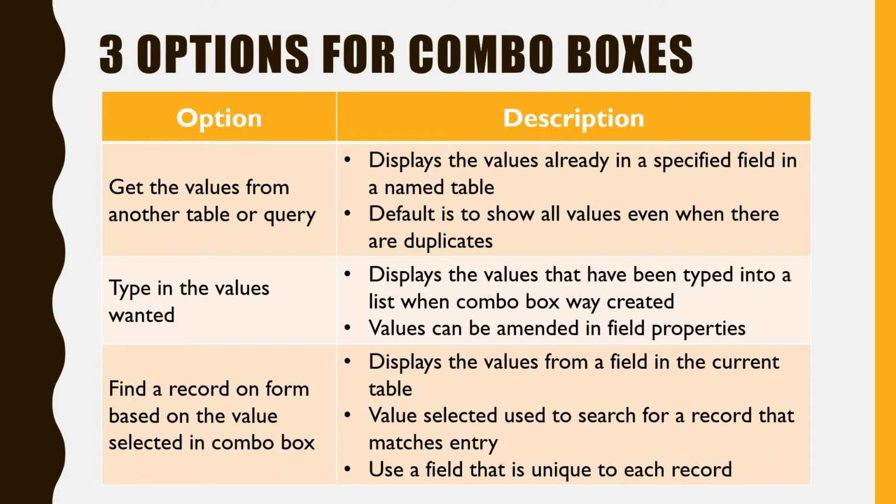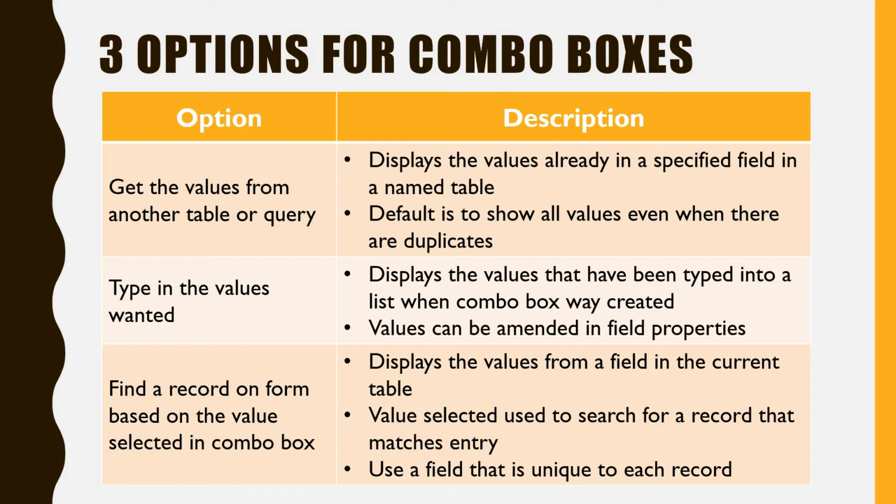The default is to show all values even when there are duplicates. The second option is if you type in the values that you want. In this case, the combo box will display the values that have been typed into a list when the box was created. Values can be amended later in the field properties.